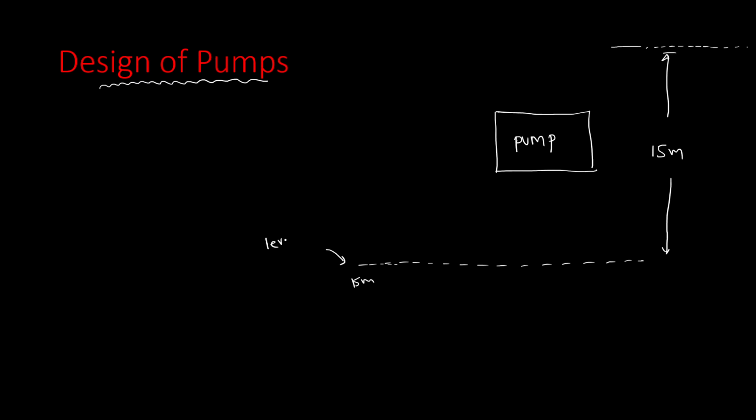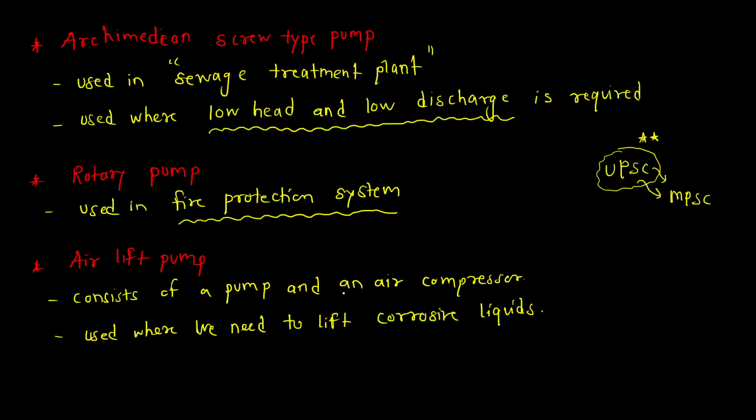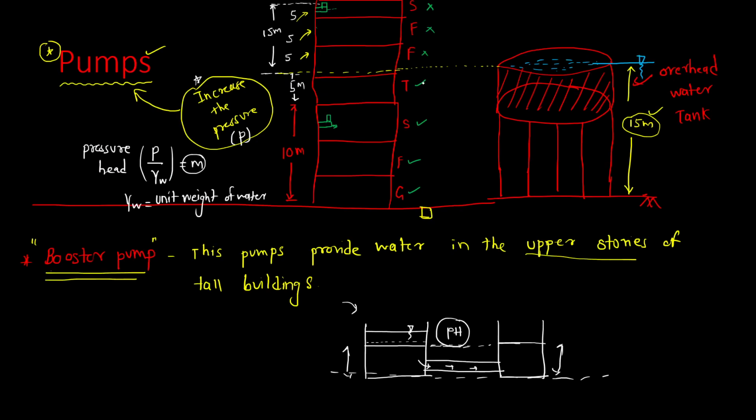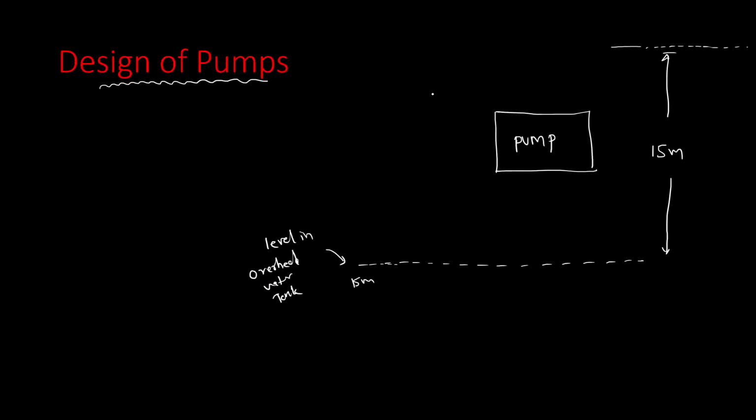This is the level in the overhead water tank. Once again we'll see the diagram for more clarity. See, this is the level. Now we want to transport the water from here to the last floor, that is the 6th floor. So the distance is 15 meter. This is the 6th floor, so we'll use a pump for this.